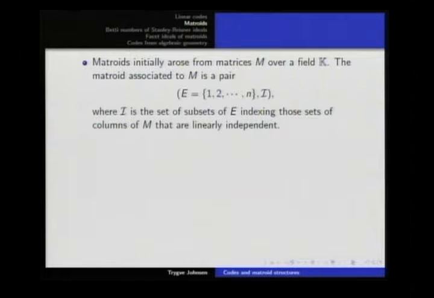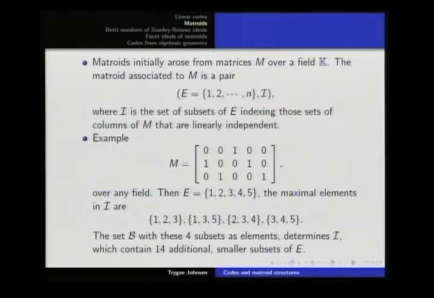And I is a set of subsets of E, indexing those sets of columns that are linearly independent. For instance, {1, 2, 5} is contained in I if column 1, column 2, and column 5 are independent.